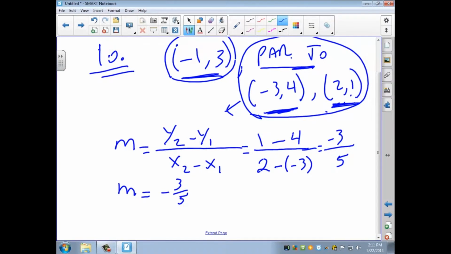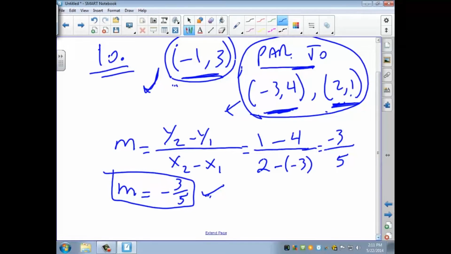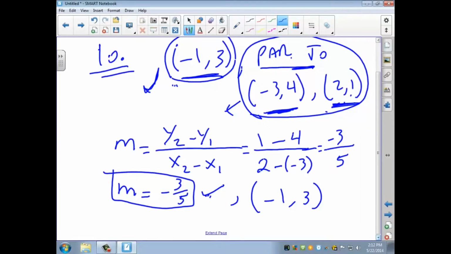And since we want a line parallel to this line that goes through this point, parallel to this line with the slope of minus 3/5 and go through this point, then we have to use the same slope. So we want to go through this point, minus 1 and 3, and it's parallel to the original line.